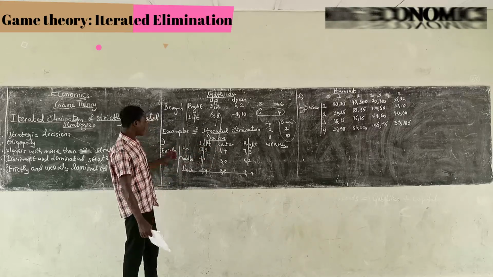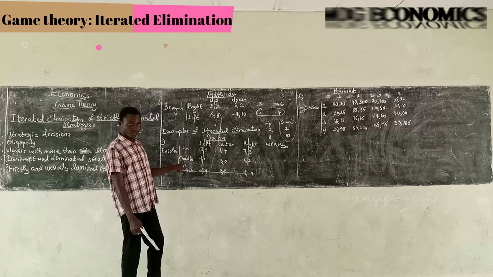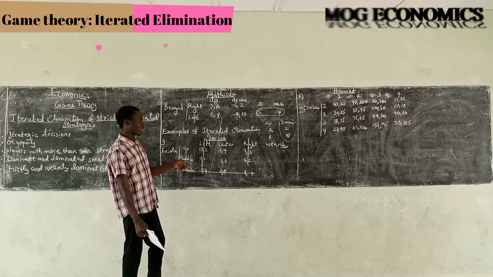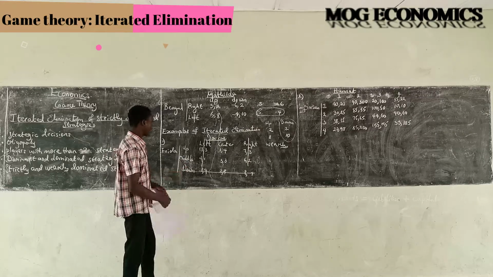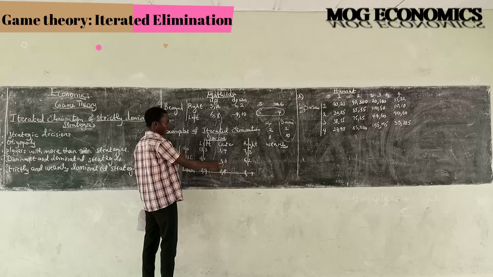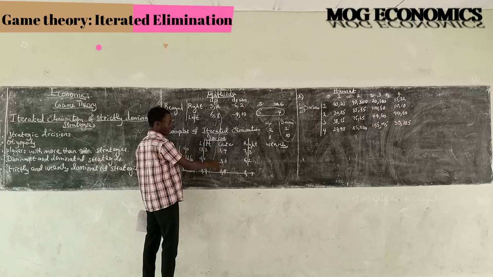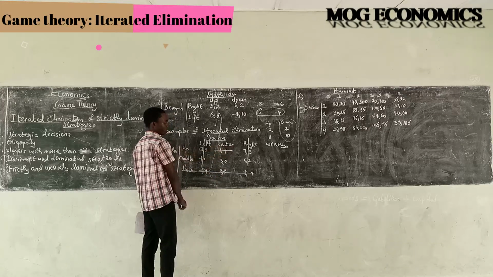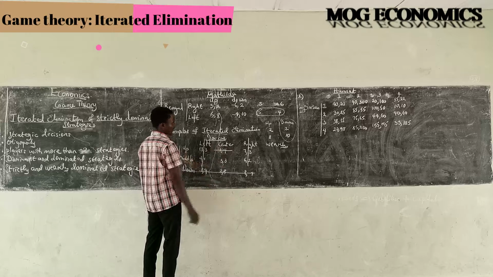Now Eniola can still play between up or middle. She can choose a strategy, but now she has to choose the one that gives her the better payoff. If you look at it, this is for Eniola, 3 here is better than 1, which means Eniola will not play center.